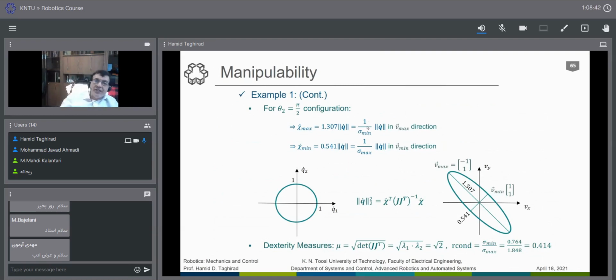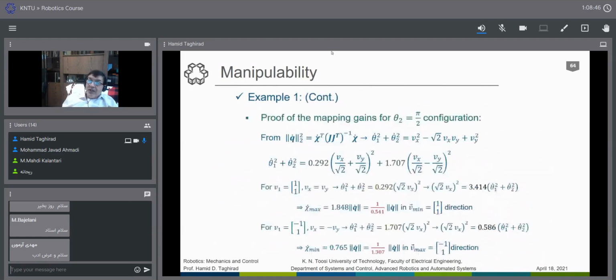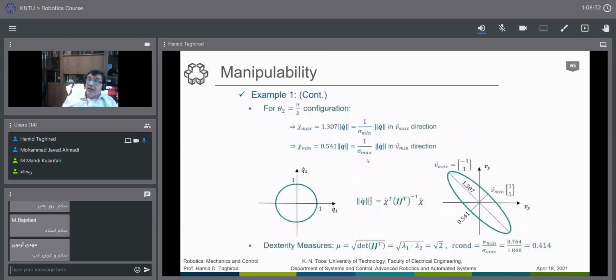You don't need to find the inverse. You don't need all this hassle of calculation. I have done it once to prove that this is correct, but you can simply find the directions, the eigenvectors, and the eigenvalues, and from the eigenvalues, you can find the singular values and the maximum or minimum manipulability case here.